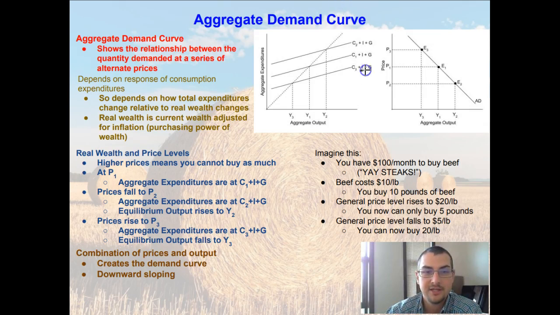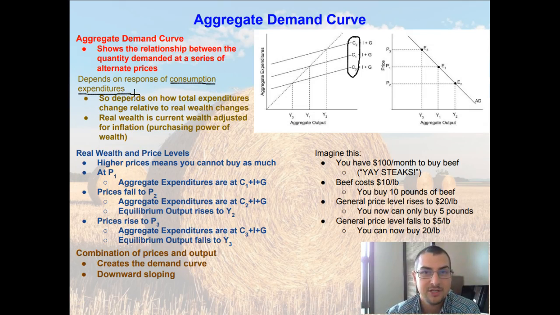But you also see that investment and government spending remain the same across these three. That's because earlier in the chapter, we said that government expenditures and investment expenditures are remaining the same, so we're dealing with just changes in consumption expenditures.